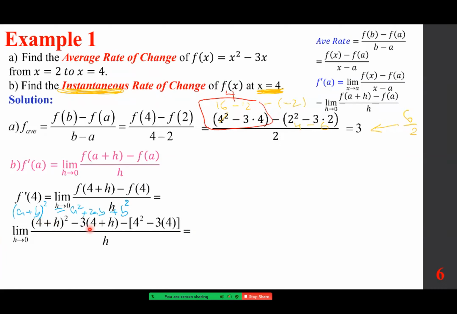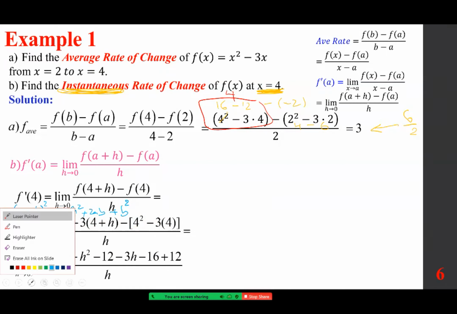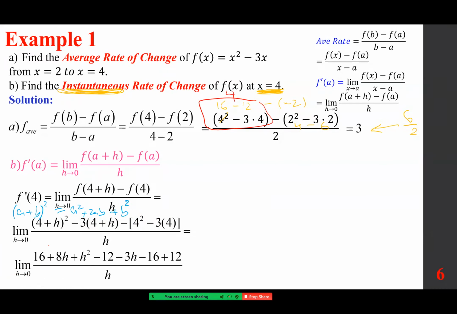We distribute minus 12 minus 3h. And this one, this is 16, this is minus 12. Again, you can say minus 4 or just minus 16 plus. Either way is fine as long as you recognize what's going to happen next, which is 16 cancels out negative 16.